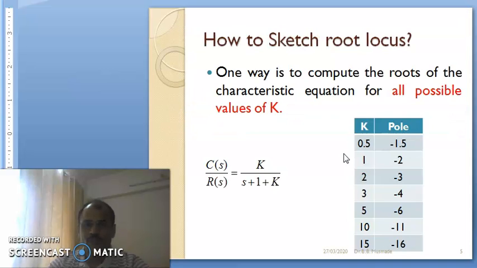One way is to compute: if you have the characteristic equation, rearrange it for s and get sufficient values to have the locus of roots from minimum K to maximum K, or from 0 to infinity.